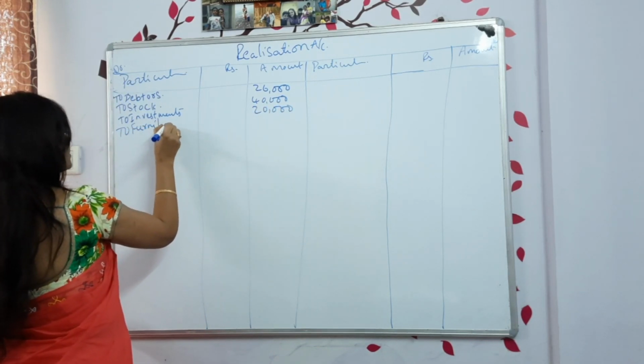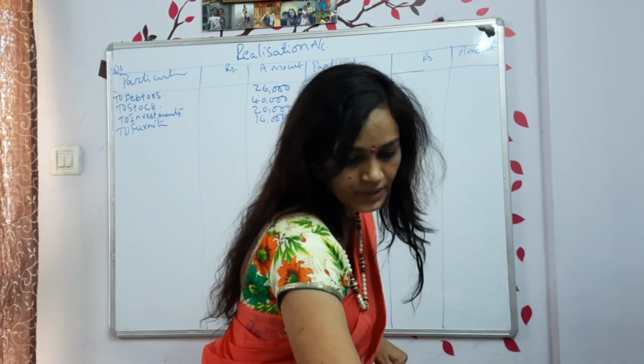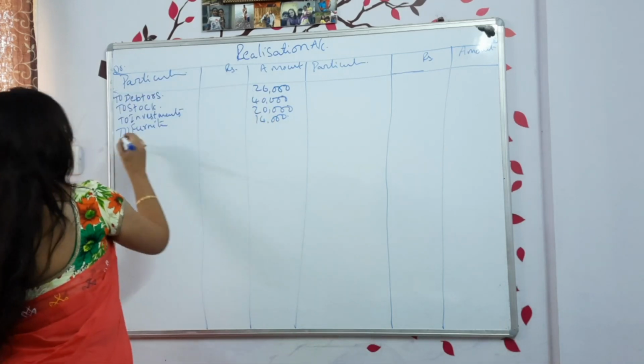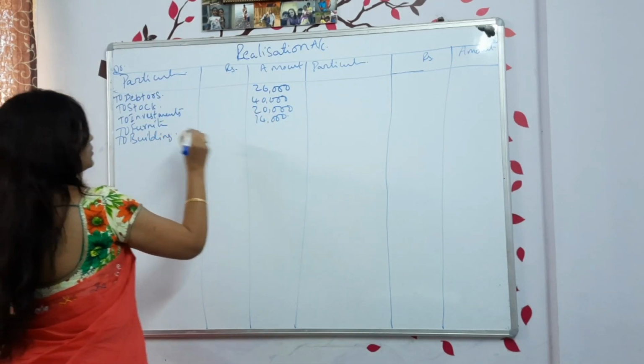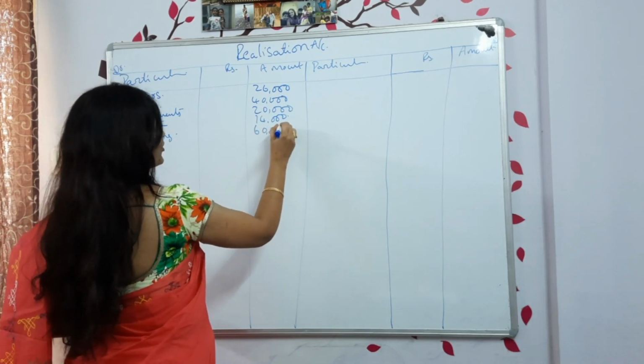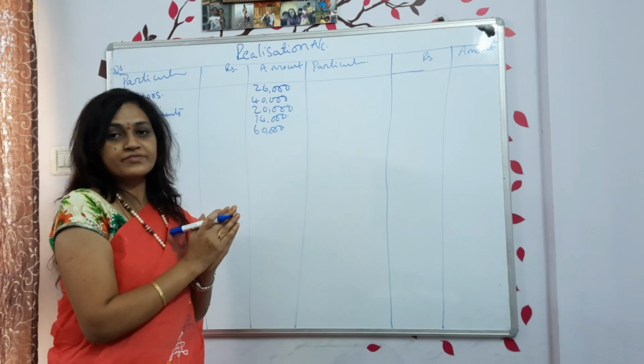To furniture 14,000. And the next, to building 60,000. These are the assets as they are; we have taken them directly with no adjustments.